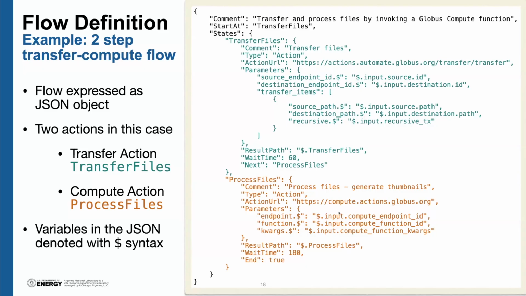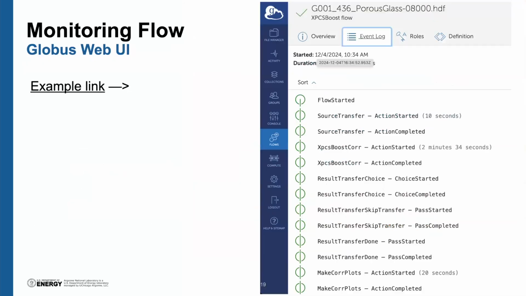And again, these are left as wildcards. These are things the user will pass in at the time of executing the flow. And then the final action will just say end true. And this is what one of these flows looks like.